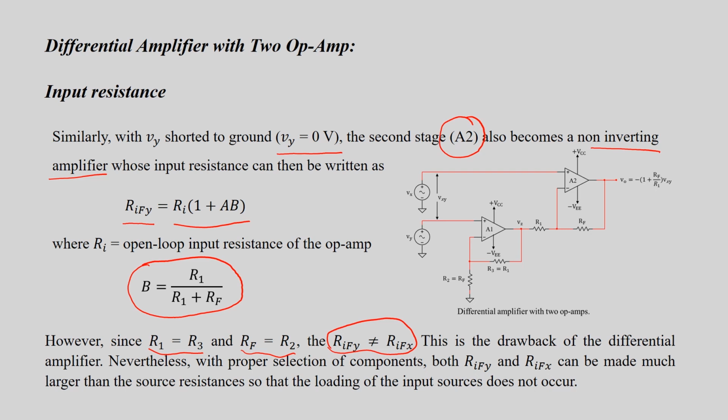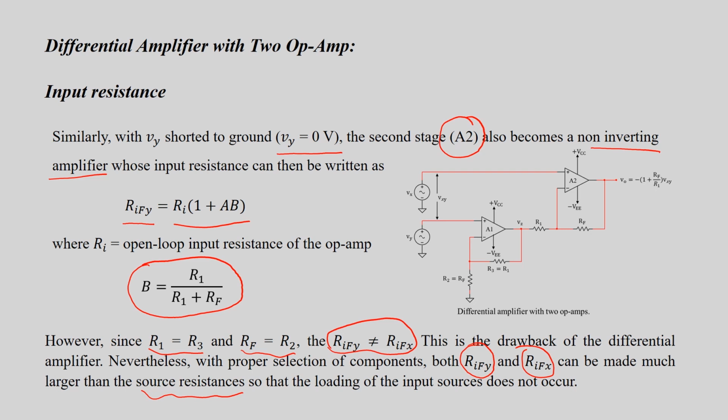Nevertheless, with proper selection of components, both RIFX and RIFY can be made much larger than the source resistances, so that loading of the input sources does not occur. So we have seen here the differential amplifier with one op-amp and with two op-amps.